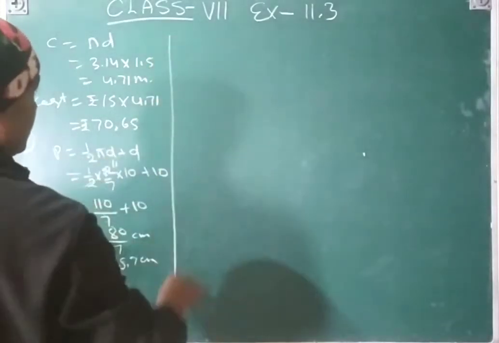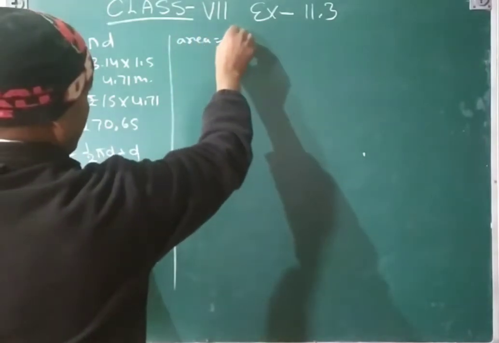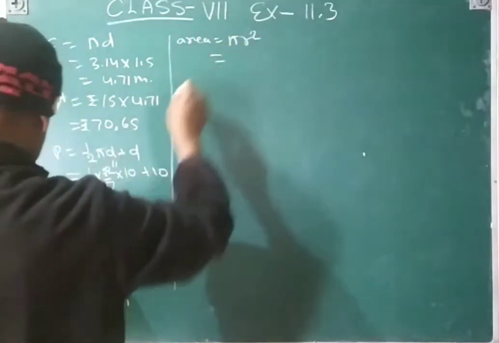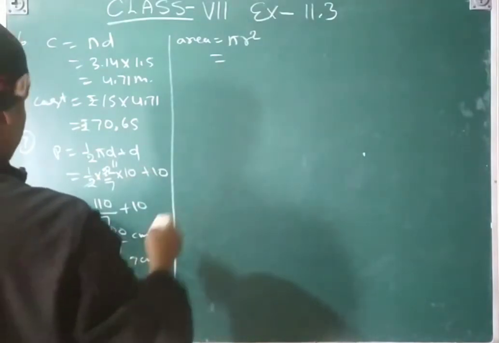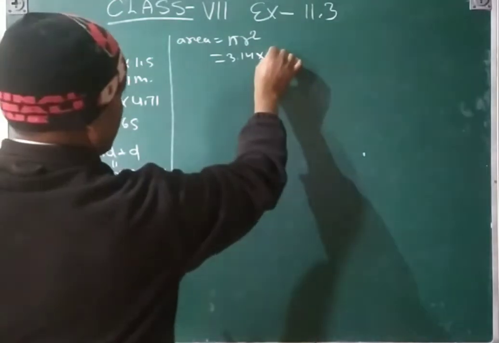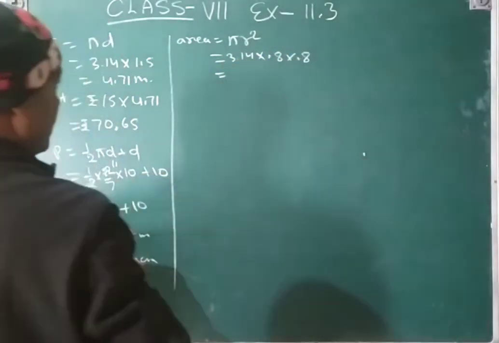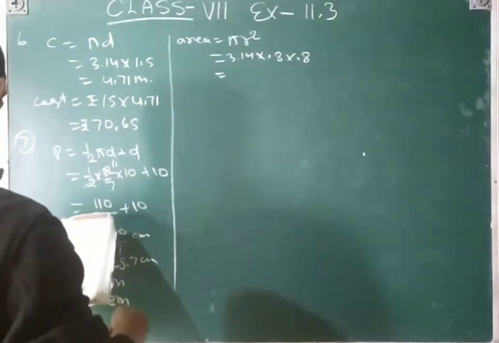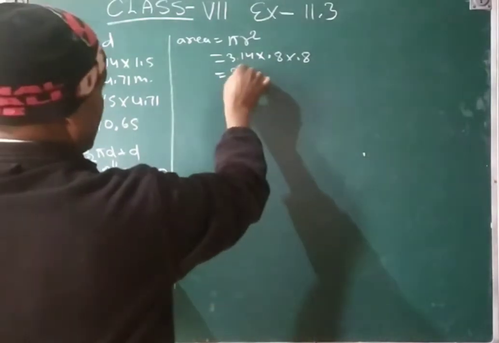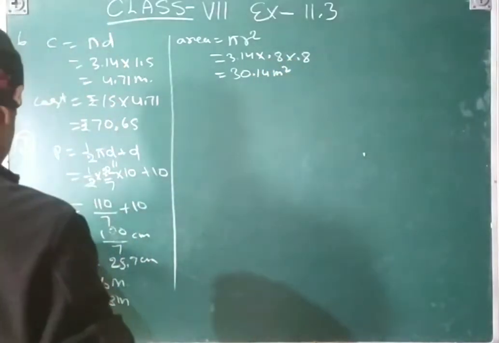So area is equal to pi r square. The pi value is given here, 3.14 into 0.8 into 0.8. By multiplying that, it is 2.0096 meter square.